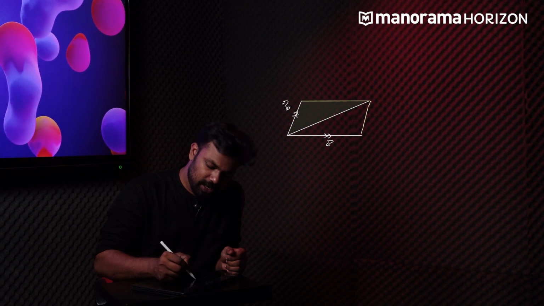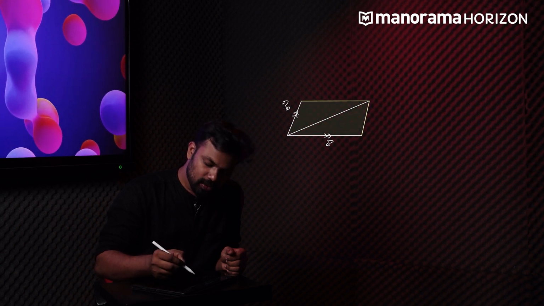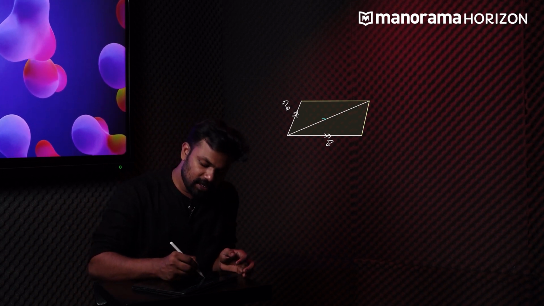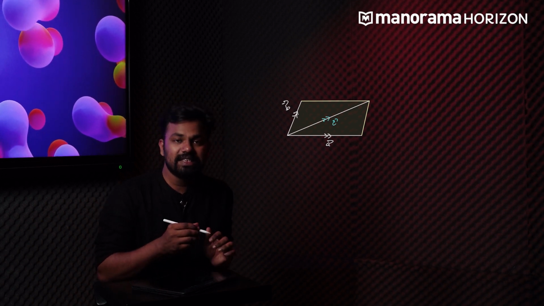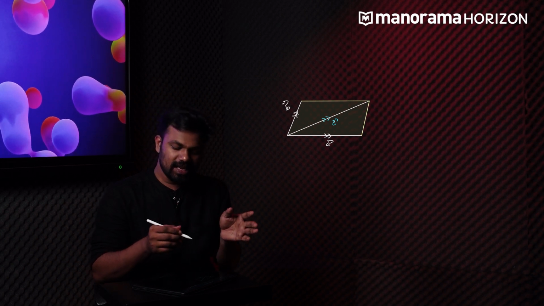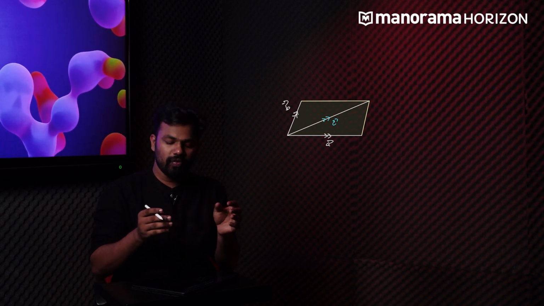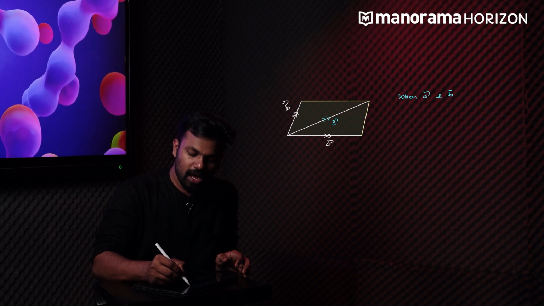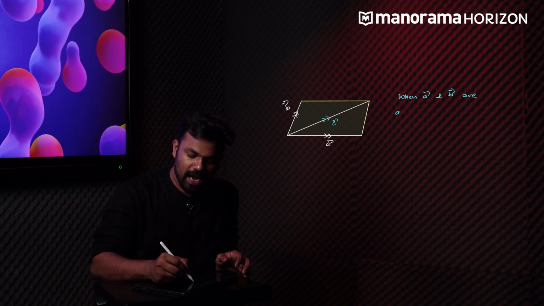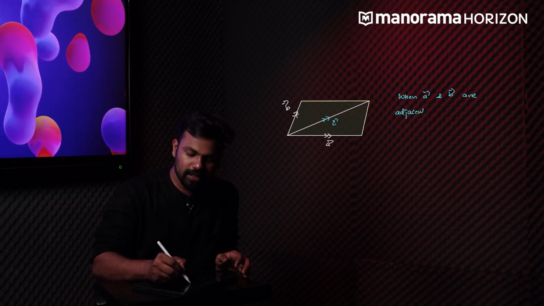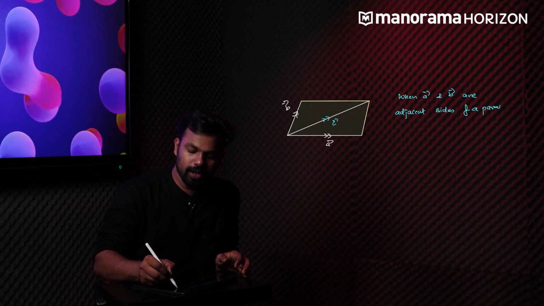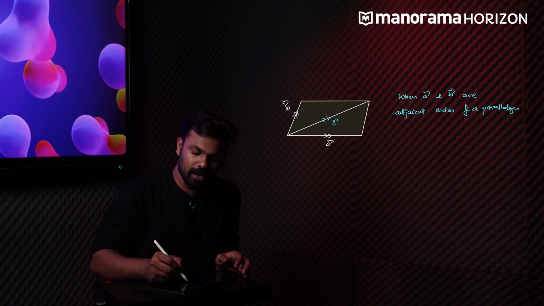Yes, so I am getting a parallelogram over here, right? So this A and B, when added together, will give us the output, that is C, the diagonal. This is according to a parallelogram. A and B are the adjacent sides of a parallelogram.